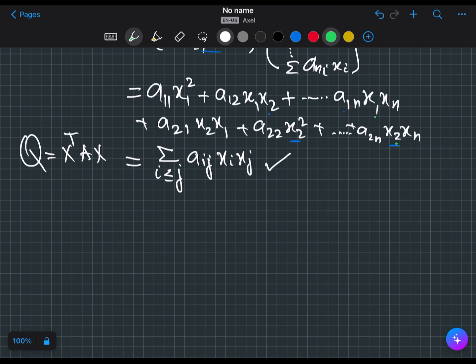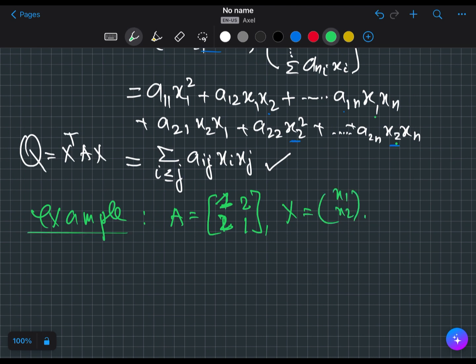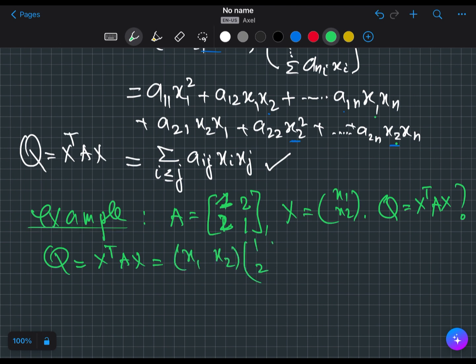Now, let's have a look at this example. Consider the matrix A, which is 1, 2, 2, 1, and you have x equal to x1, x2. The question is, what will be the quadratic form Q? We know the formula, so it will be equal to x1, x2 times the matrix 1, 2, 2, 1 times x1, x2.